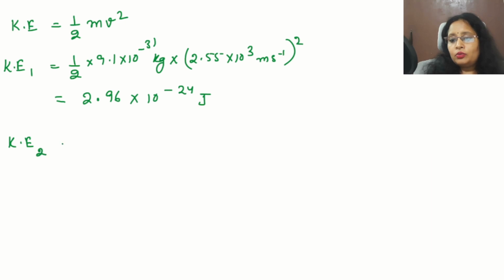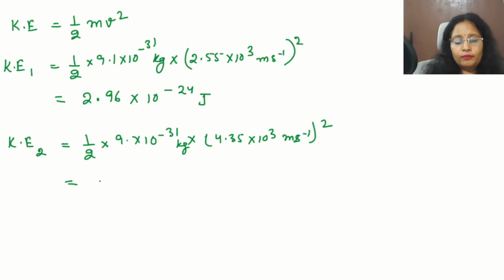Kinetic energy 2 will be 1 by 2 into 9.1 into 10 to the power minus 31 kg into V2, velocity number 2, which is 4.35 into 10 to the power 3 meter per second, squared, and we get the value 8.61 into 10 to the power minus 24 joules.